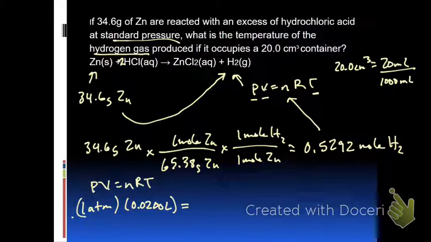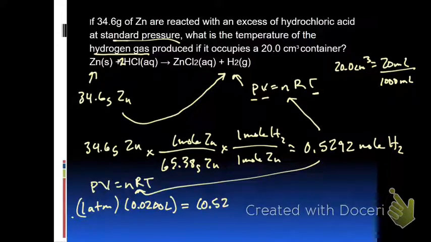We just figured out the n. That's n right there. So 0.5292. R is 0.0821 times T. All right, so let's see if we can figure this out. Ooh, temperature.